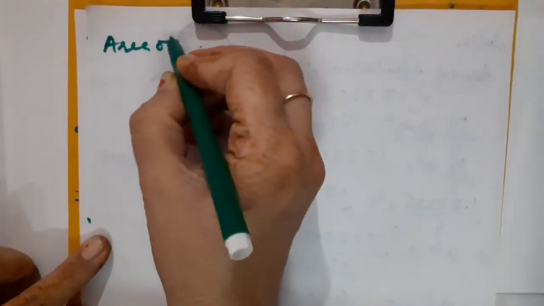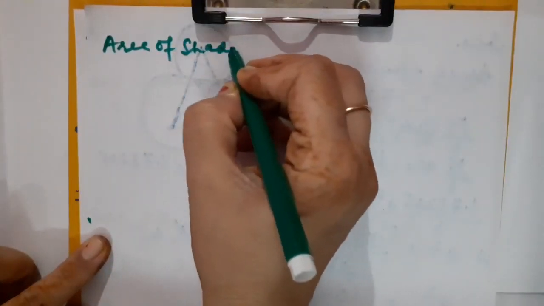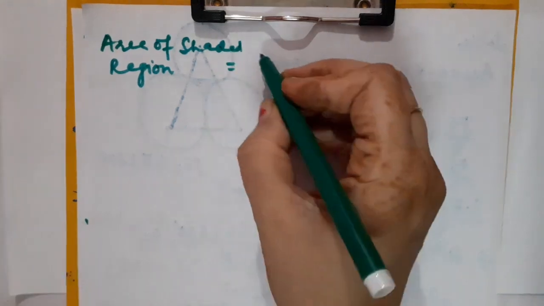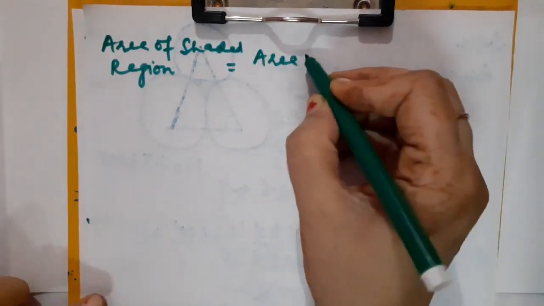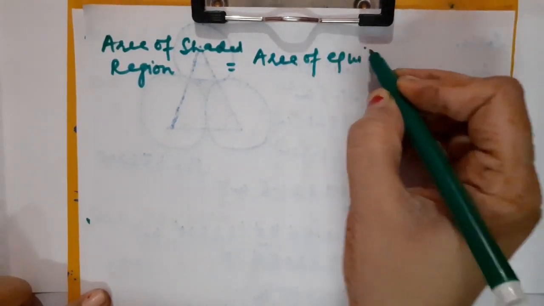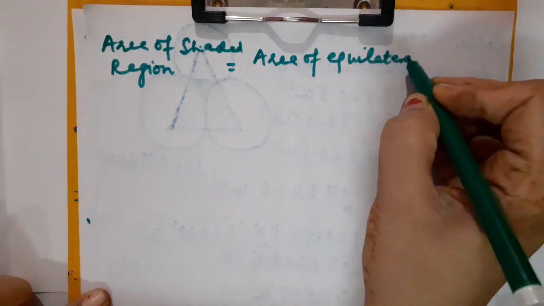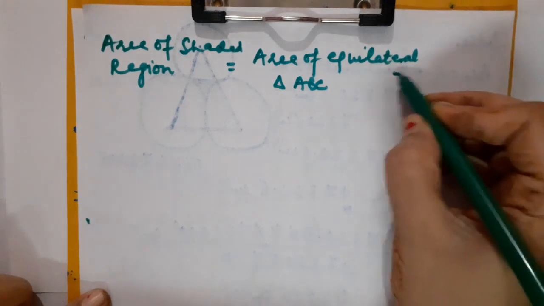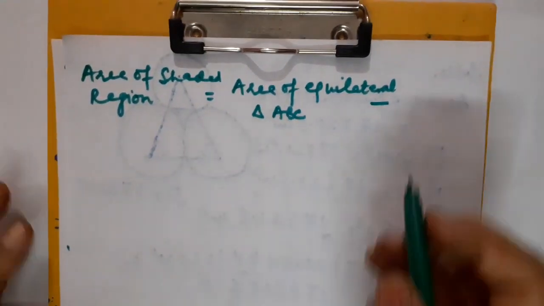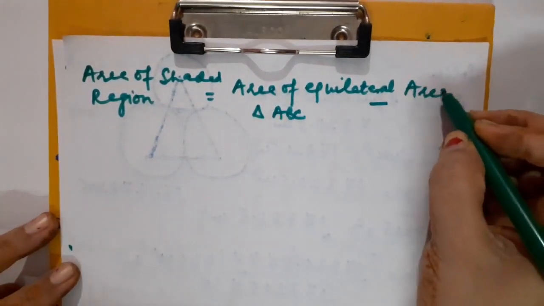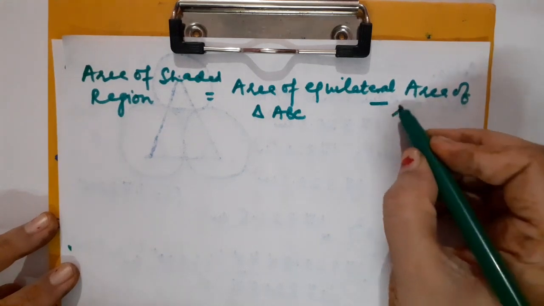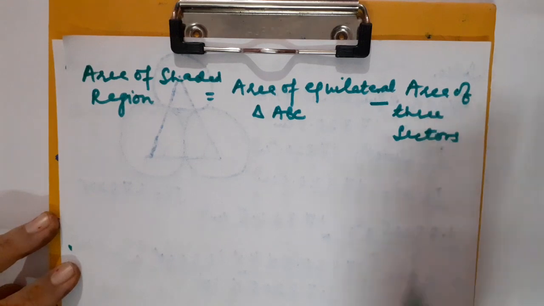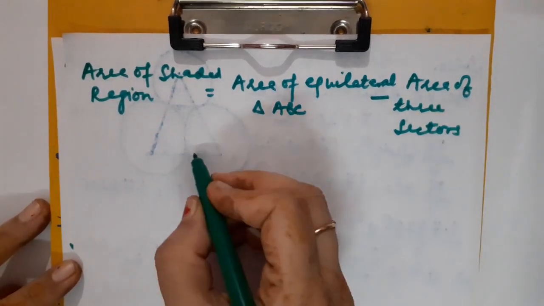Area of shaded region is equal to area of equilateral triangle, that is ABC, minus area of 3 sectors. Correct? Which all are equal in area.